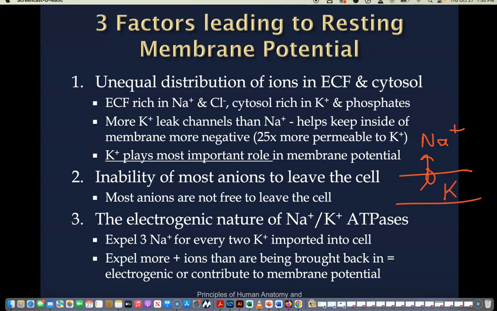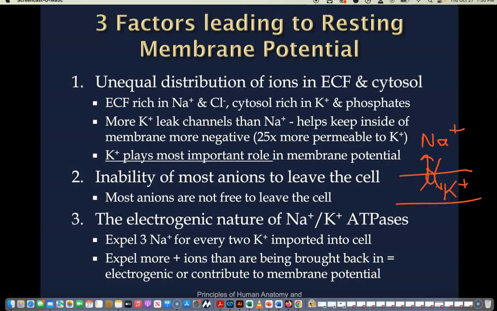You're going to have lots of potassium inside the cell, because it pumps 3 sodium out, but then pumps 2 potassium back in. So we end up building a concentration gradient of sodium outside the cell, which really wants to move back down its concentration gradient into the cell, and potassium inside the cell, okay?